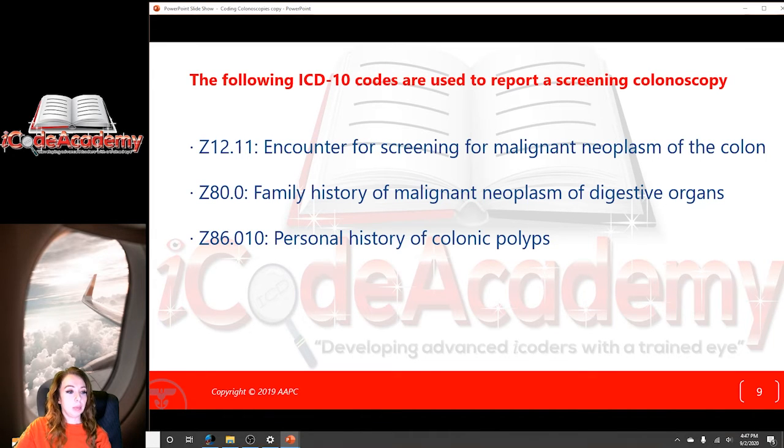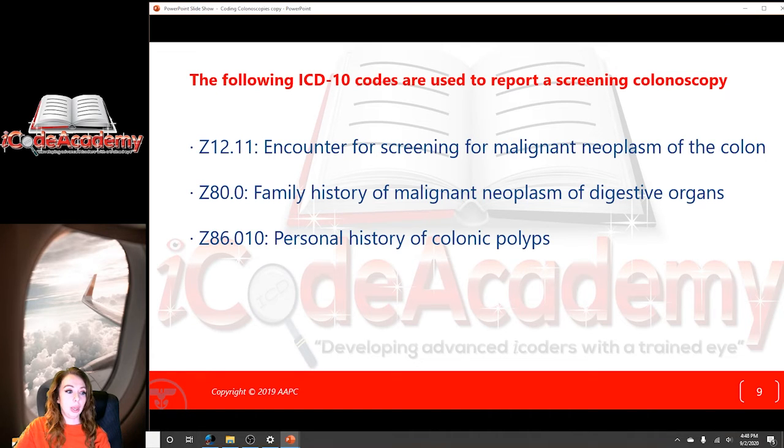But an exam can be reported as surveillance colonoscopy if the patient has a history of polyps and they're now returning for a follow-up examination. But otherwise, they're asymptomatic or they don't have any complaints or signs or symptoms.